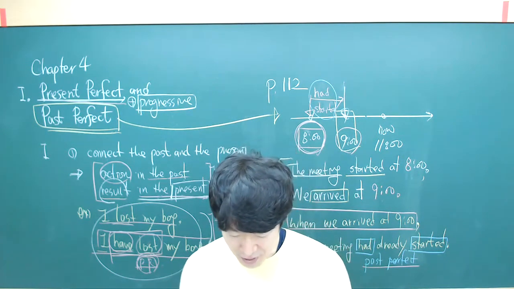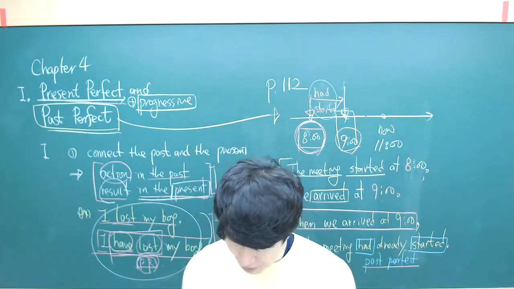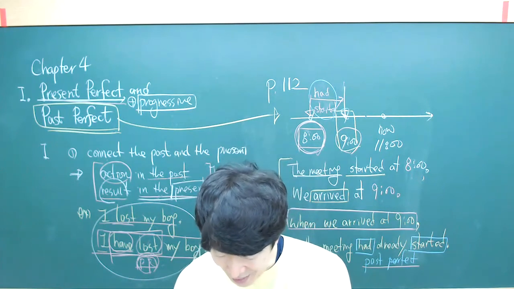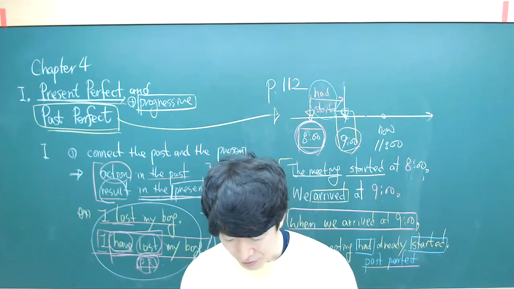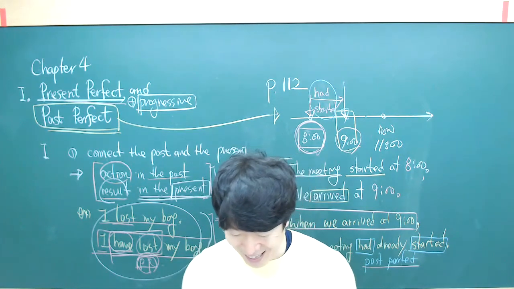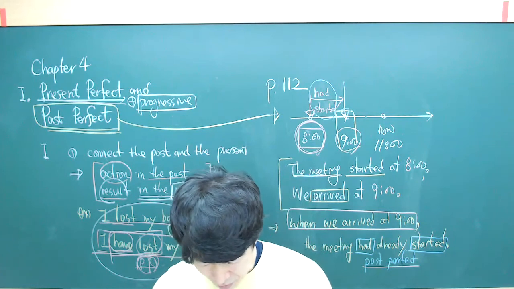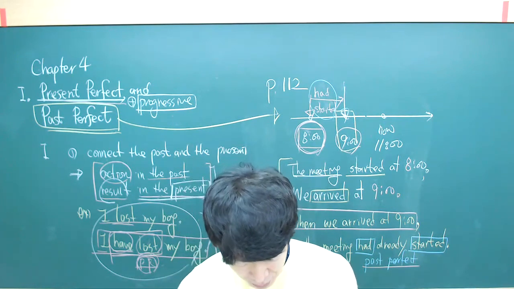So past perfect, let's look at page 113. Jack had already left his apartment when Anne arrived. He had left. I had left. They had left, etc. That's the meaning of past perfect.